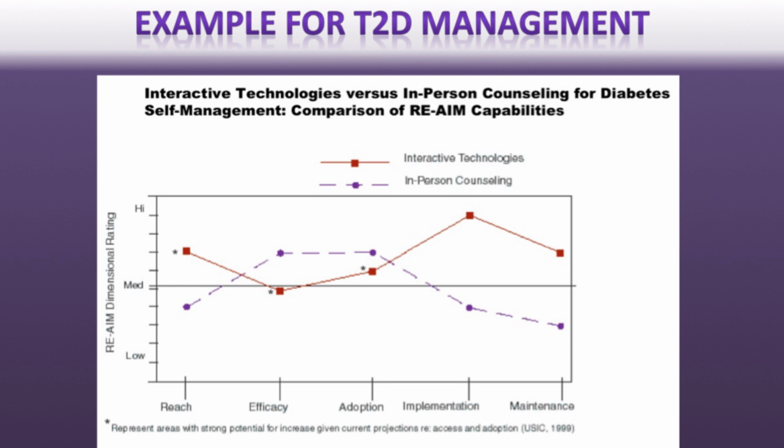So that's the difference that you see in terms of maintenance. The point here is that overall, this balance is going to shift, and there are real advantages for a lot of new technologies and new approaches for taking advantage of reach and efficacy and the other components of RE-AIM.